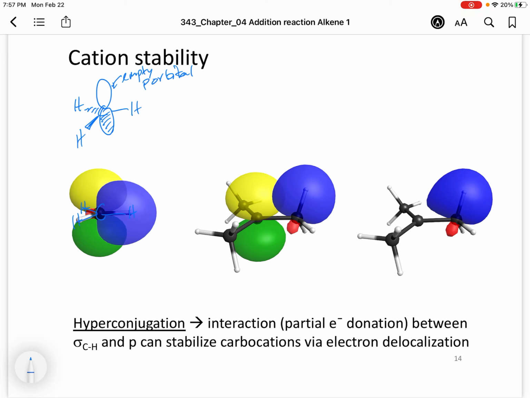Now, if we move over to a carbon that has three methyl groups attached to it, you could just write CH3 if you'd like. I'm just drawing them out here. This carbon's coming forward, and this carbon's going back. This is a carbocation, and we have an empty p orbital.